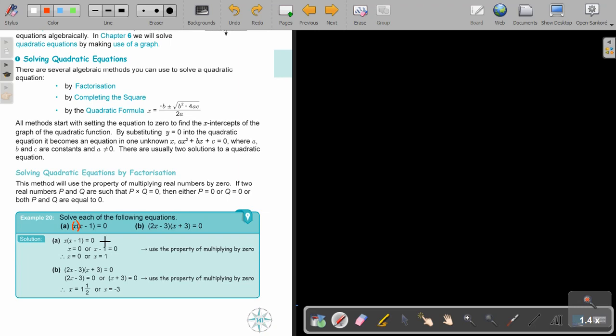And if this negative 1 goes over, then x is equal to 1. So use the property of multiplying by 0. And then the two brackets, do you see? And then it's either this equals 0 or this equals 0. Okay, and then I just solve 2x equals 3, divide by 2, and I get 1.5. And x is equal to negative 3. It goes over.